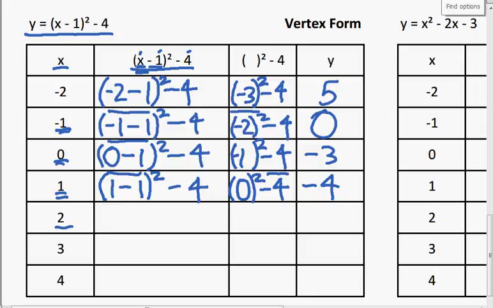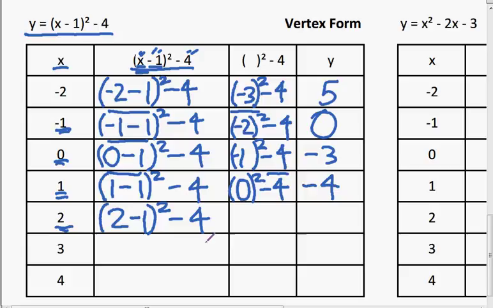All right. You have now done number 2. Let's check and see if you got the right answer. 2 minus 1. X is 2. I put in 2 where x is. Minus 1 stays the same. I have squared. And then subtract 4, minus 4.